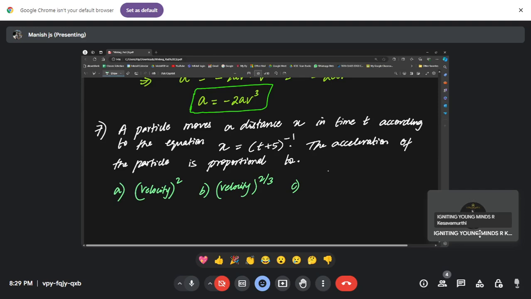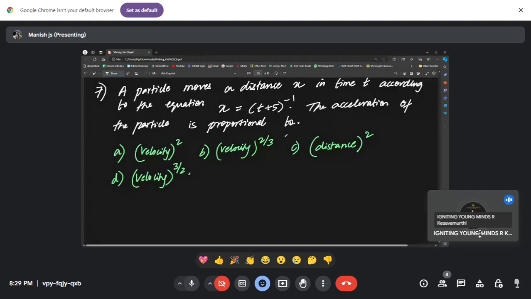Option C: distance the whole to the power squared. And option D: velocity the whole to the power 3 by 2. So we'll see how to solve this particular question.